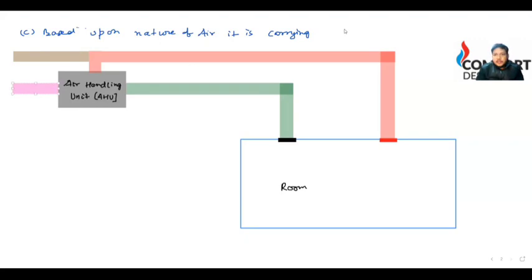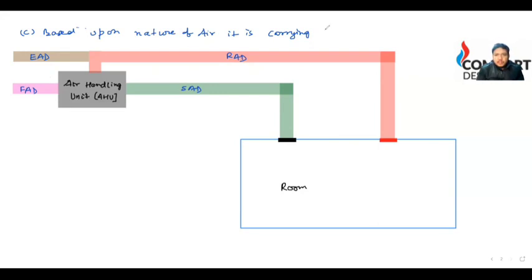Let me write, then it will be much better. This is your SAD, that is your supply air duct. This is your RAD, that is your return air duct. This is your EAD, that is your exhaust air duct. And this is your FAD, that is your fresh air duct.